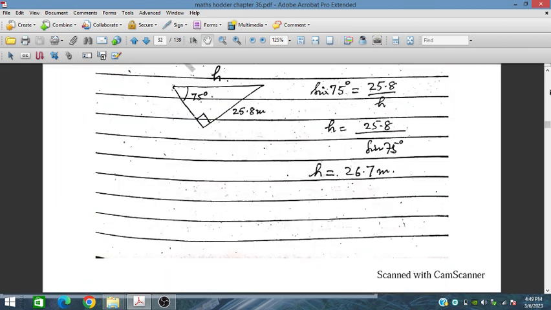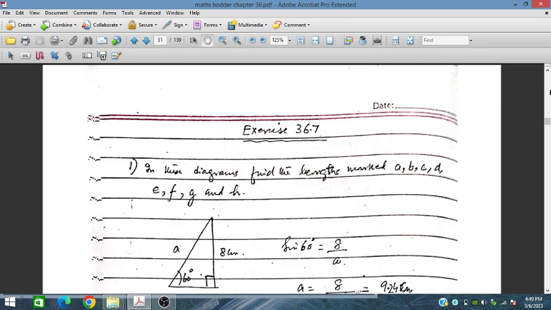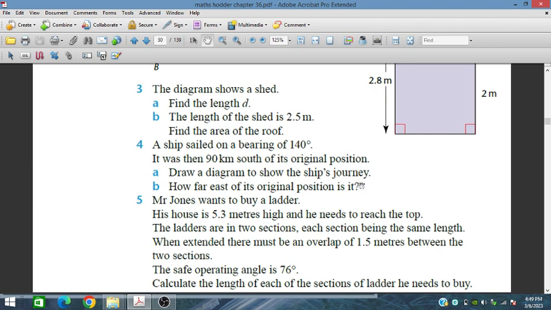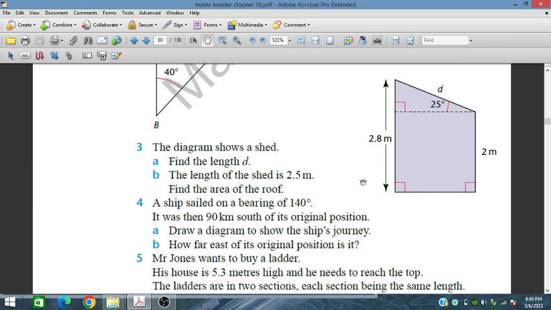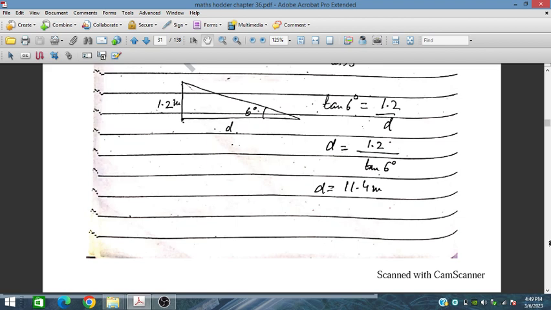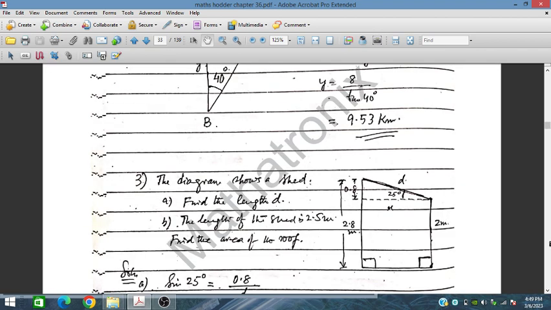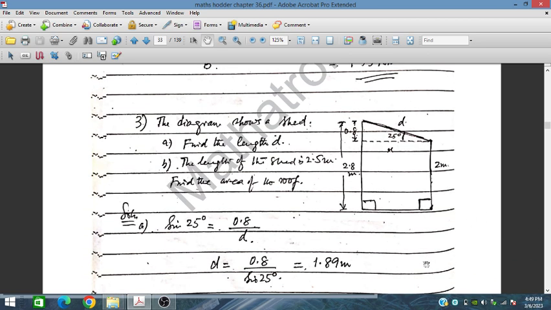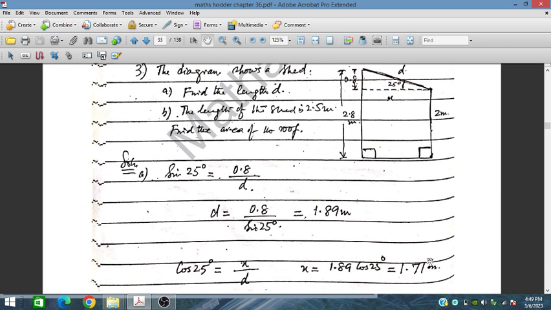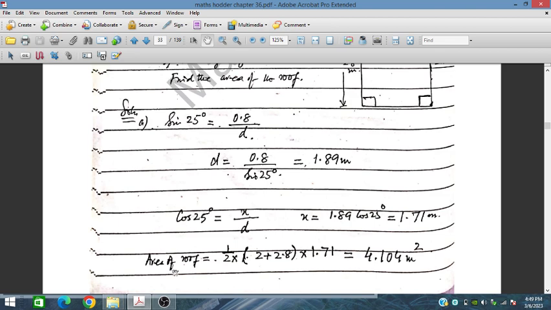So you see, this length is 2.5 meters. So we have obtained the area.